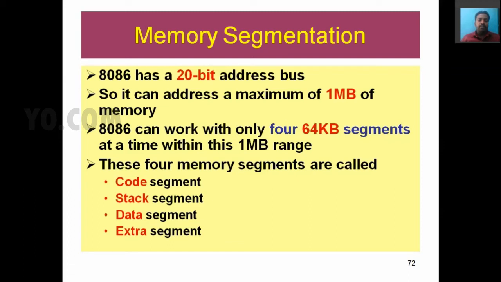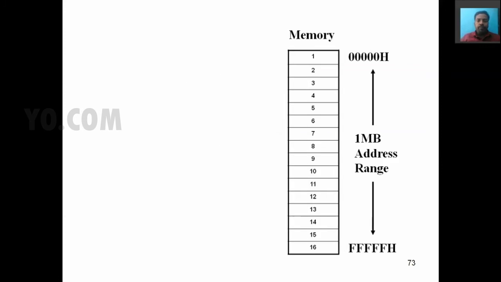For these four 64 KB segments, we have four different segment registers: code segment, stack segment, data segment, and extra segment. These four segments are very important. Each segment has 64 KB of memory. See, this is the entire memory. The addresses start from 00000 and end at FFFFF.